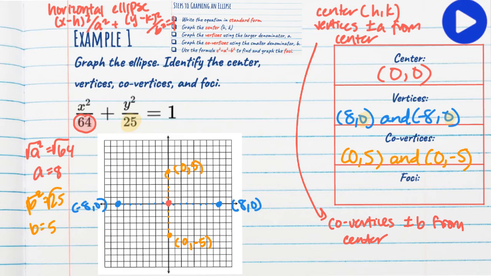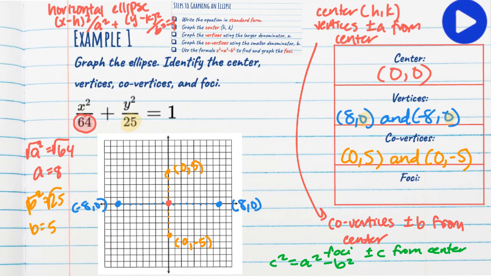So now the last thing we have to find is the foci, or are the foci, I guess. And those are the little points that are on the major axis. And in order to find them, we need to find c. So remember that the foci are plus minus c from the center, but we need to use the formula c squared equals a squared minus b squared.